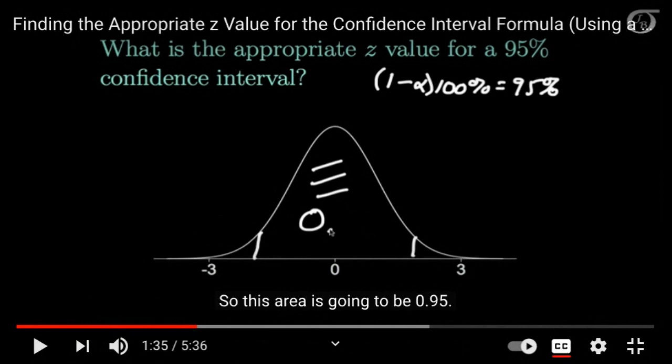That's your confidence interval. So what is the alpha going to be here? Anybody? If 1 minus alpha times 100% equals 95%, what is this going to be? If you know that 1 minus alpha gives you 95%, what is alpha?